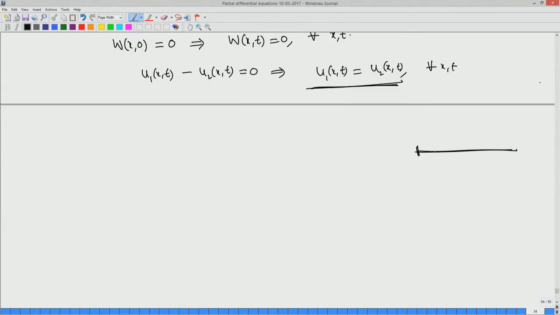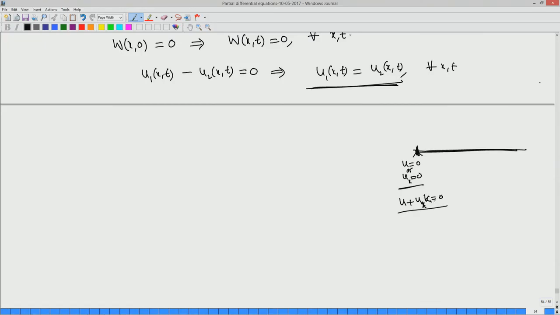So far you have given only two types of boundary conditions for the semi-infinite string, that is, at x equal to 0 you have provided u is 0 or u_x equal to 0. You have initial data at t equal to 0, but at the boundary you have only these two, either this or this is given. You can actually make a combination of these, with some constant k, u_x plus k u equal to 0.